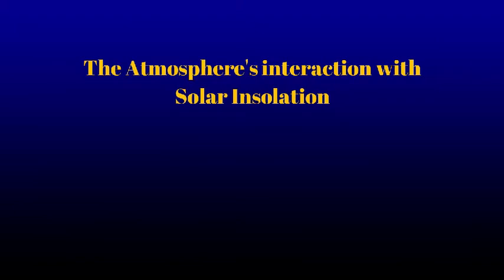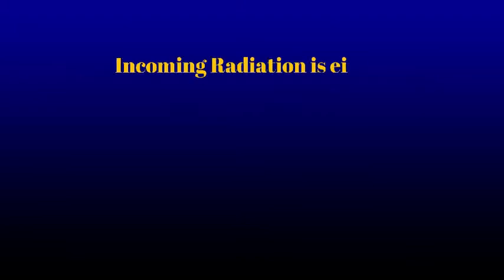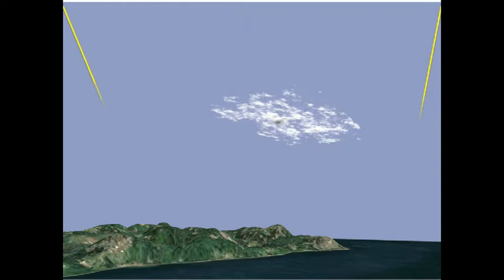Besides sun angle and exposure time, the atmosphere itself can have an effect on solar insolation. Incoming radiation is either absorbed or reflected. Water and land absorb 50% of incoming insolation.